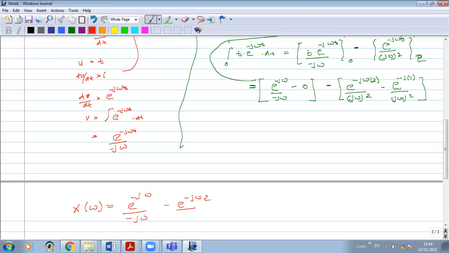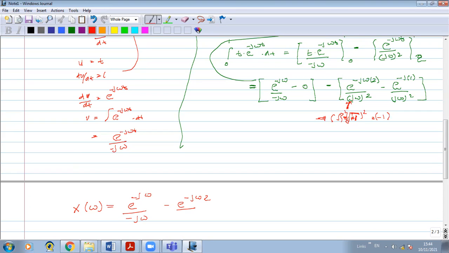So you know that j is the square root of minus 1. You know the complex number. So if you square this root of minus 1, you will have minus 1. So j squared is equal to minus 1.